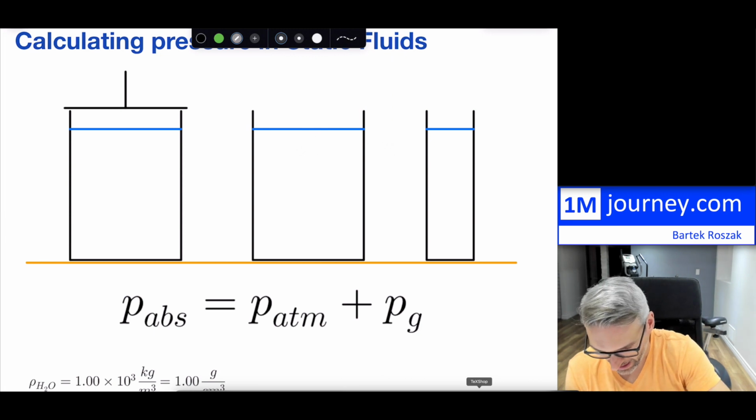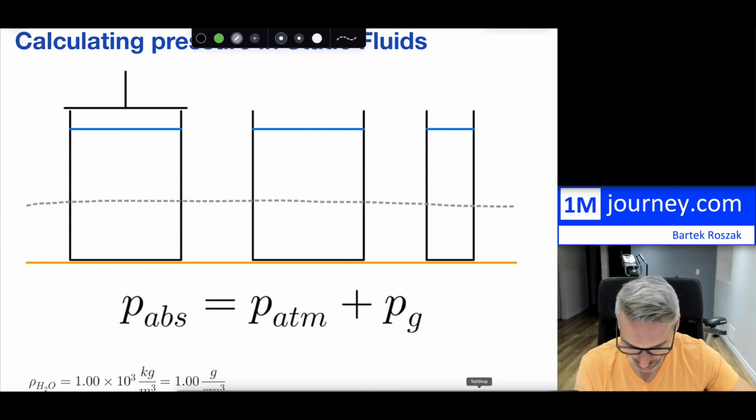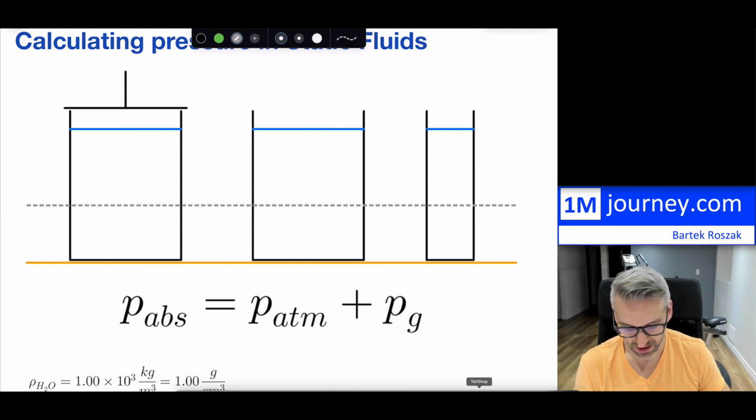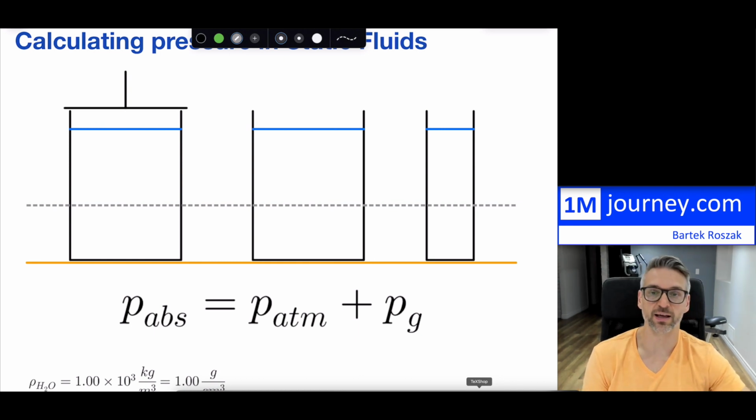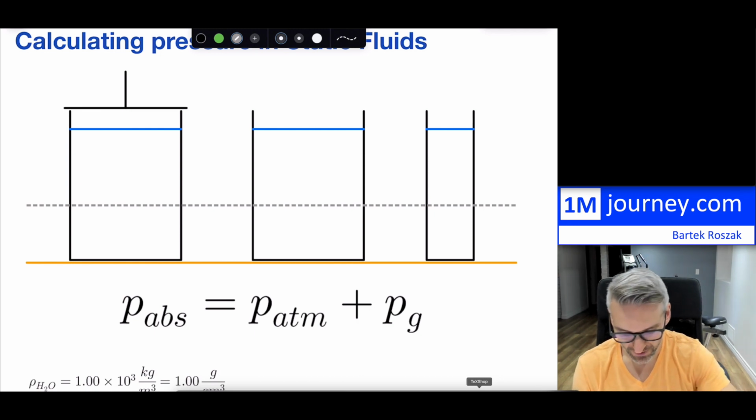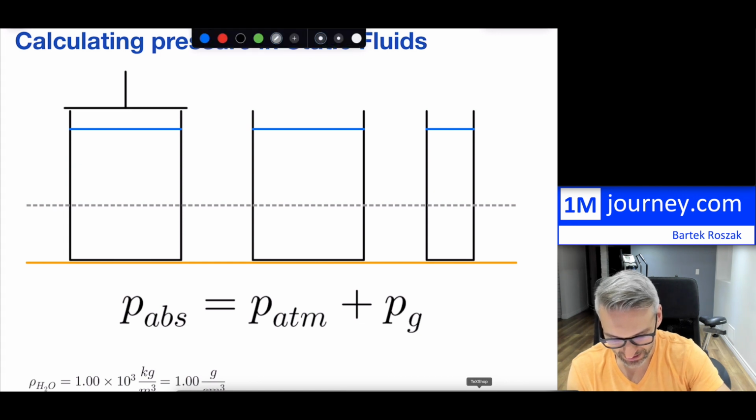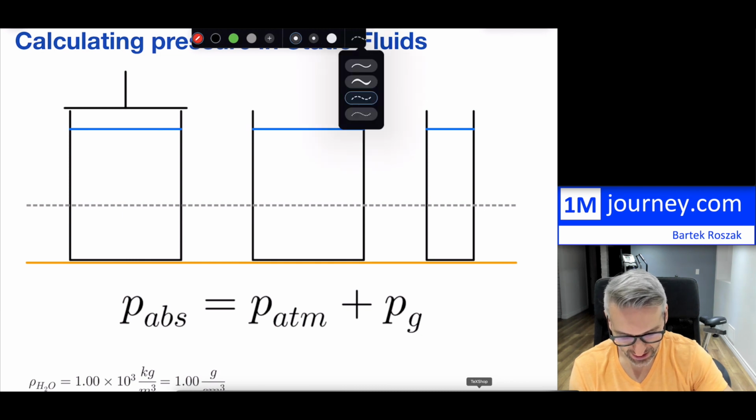As you can see here, because the containers have the same exact height, and let's say it's water, that is the fluid, the actual water level, so the height in between, is going to be identical in this particular case because it is exactly at the same depth for all of them.